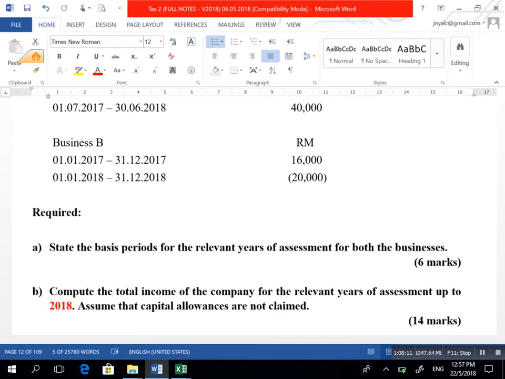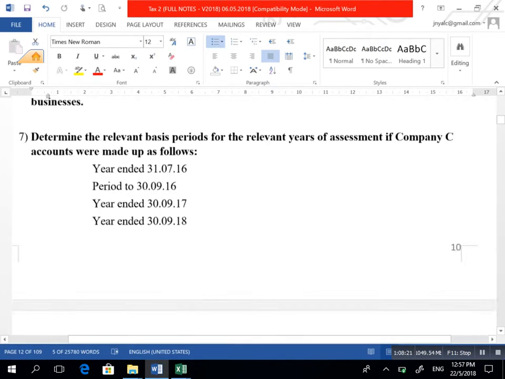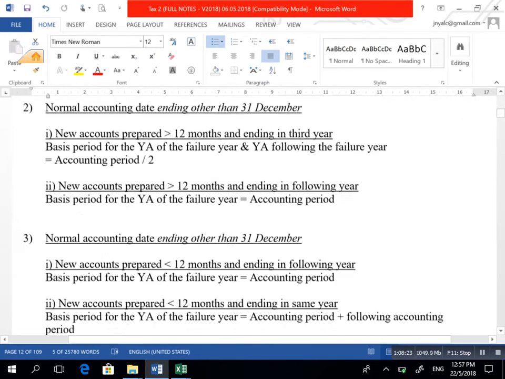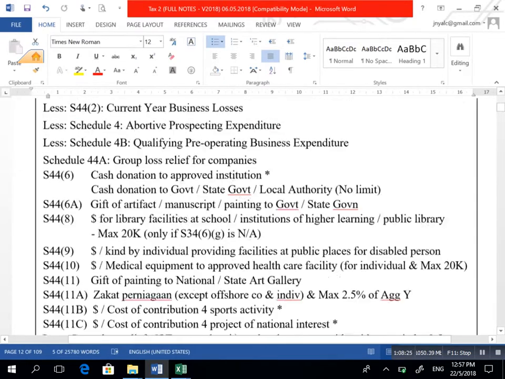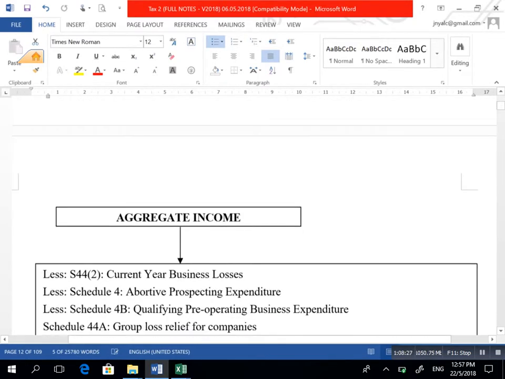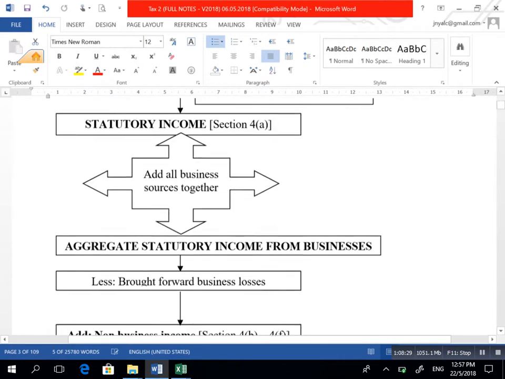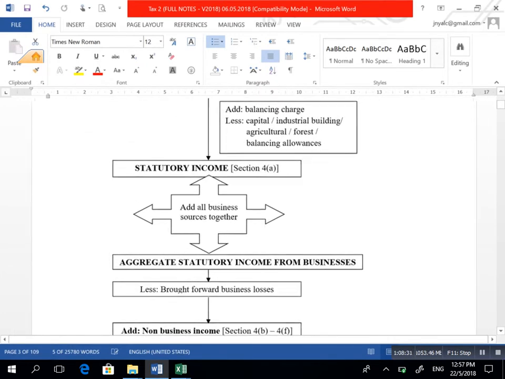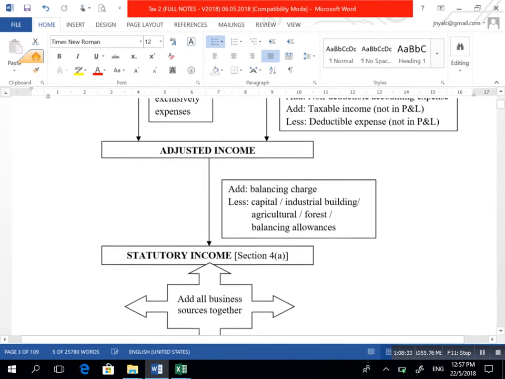Now class, if you go to your chargeable income format, from the question you will determine the adjusted income or loss already, right? Adjusted income appears in here, right? And now the question needs what? Where is the total income?